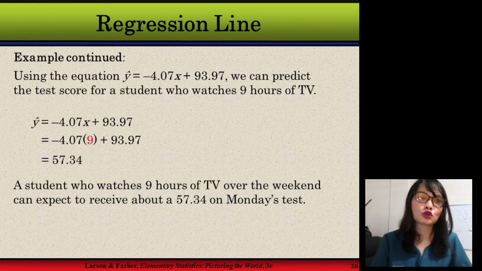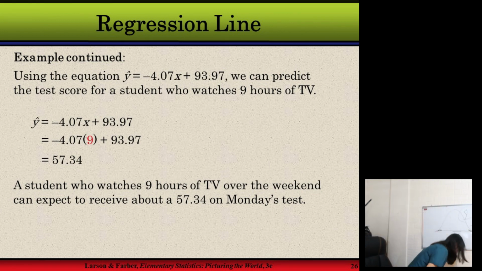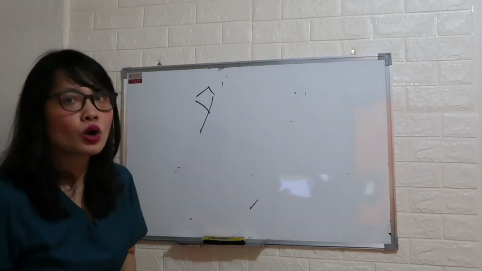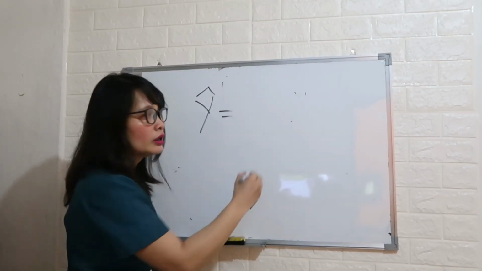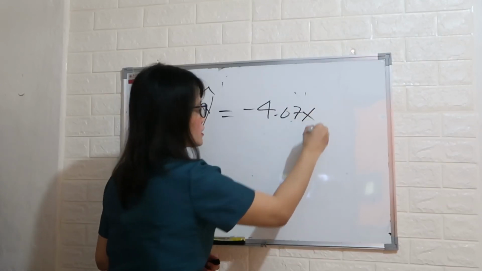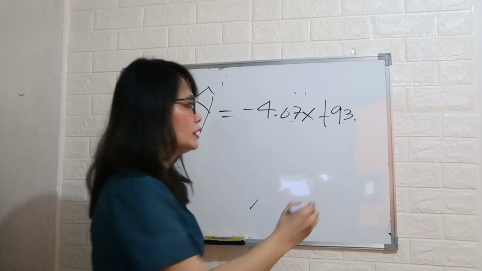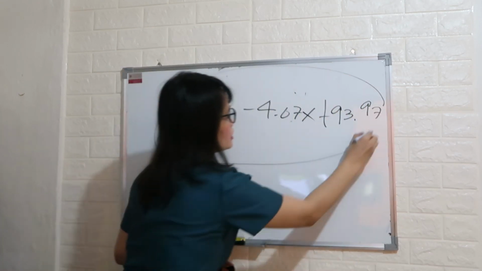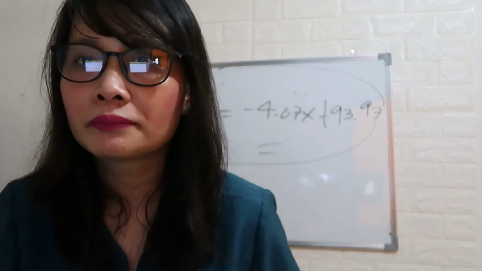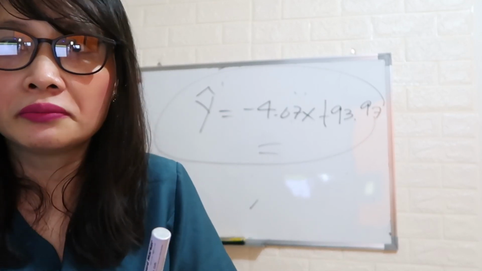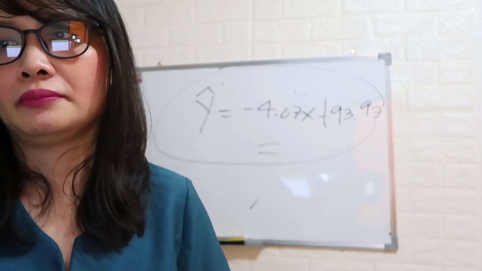After we determine the equation of the regression line, which is predicted y equal to negative 4.07x plus 93.97, what's the use of this? The use of the equation is to determine the predicted value.